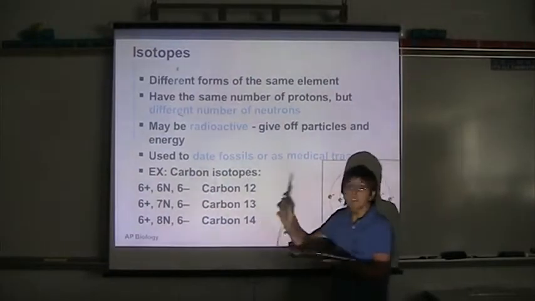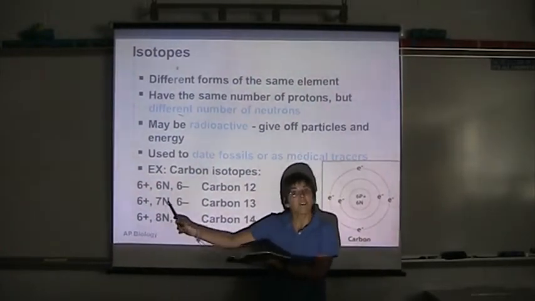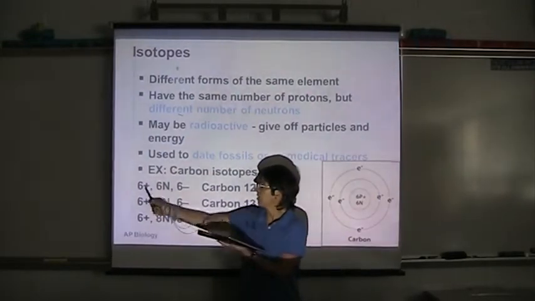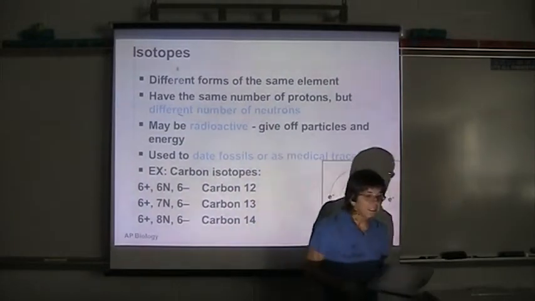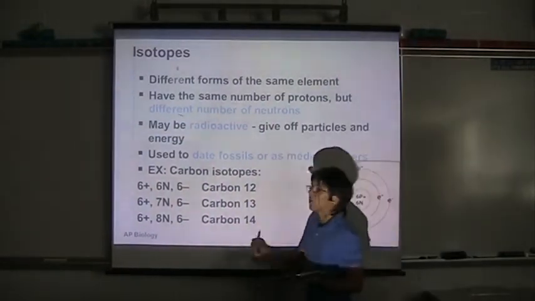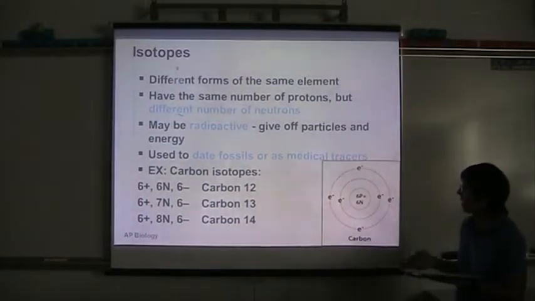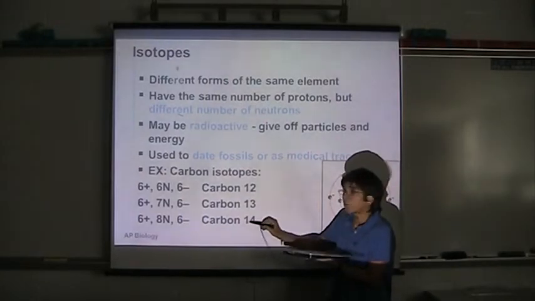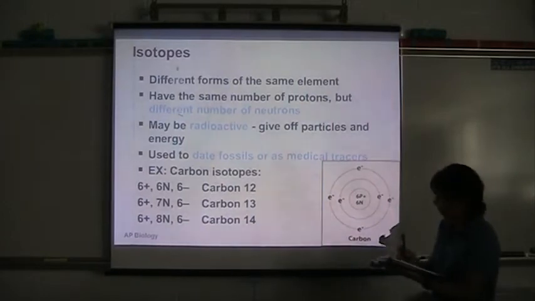Now carbon-13 has 6 protons, nice, but 7 neutrons for 13, and carbon-14 still has the 6 protons, that's what gives it the property, but it has 8 neutrons, and these neutrons are the ones that are breaking down and giving off energy and other particles. Basically carbon-14 is decomposing, breaking down into other atoms.